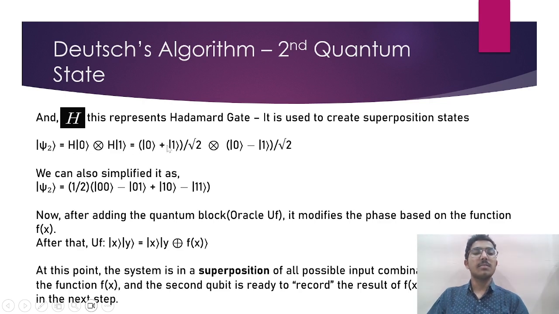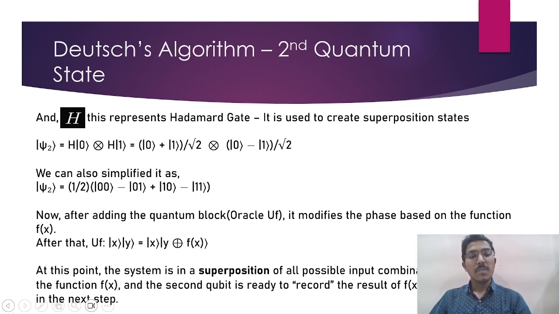And here H represents the Hadamard gate. It is used to create the superposition state. Here the second quantum state is giving the required equation, which can also be simplified as 1 by 2 of 00 qubit minus 01 qubit plus 10 qubit minus 11 qubit. Now after adding the quantum oracle UF, it modifies the phase based on the function f of x.